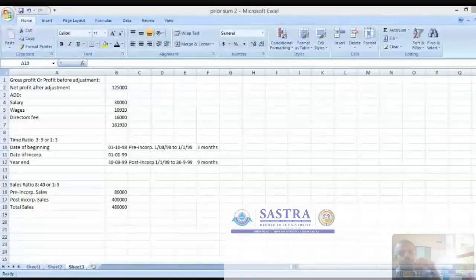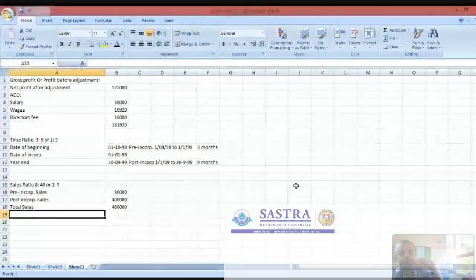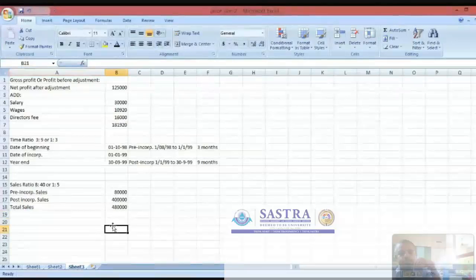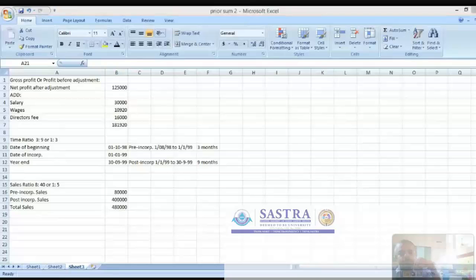Good. So now let's go for the first one, adjustable. Look at the sum. Salary 30,000, out of which there are 4 employees in the pre-incorporation period and 7 employees in the post-incorporation period.